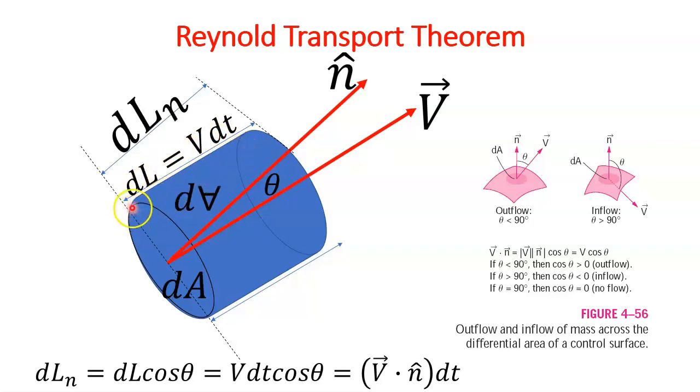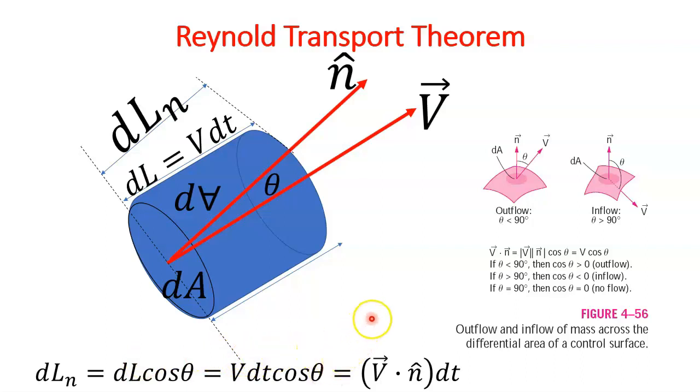So this leaving component will describe a kind of cylindrical geometry, and dln is the component of dl in the direction of the normal unit vector. So dln is equal to dl into cos theta, and we are replacing dl by v dt, so we have v dt cos theta.